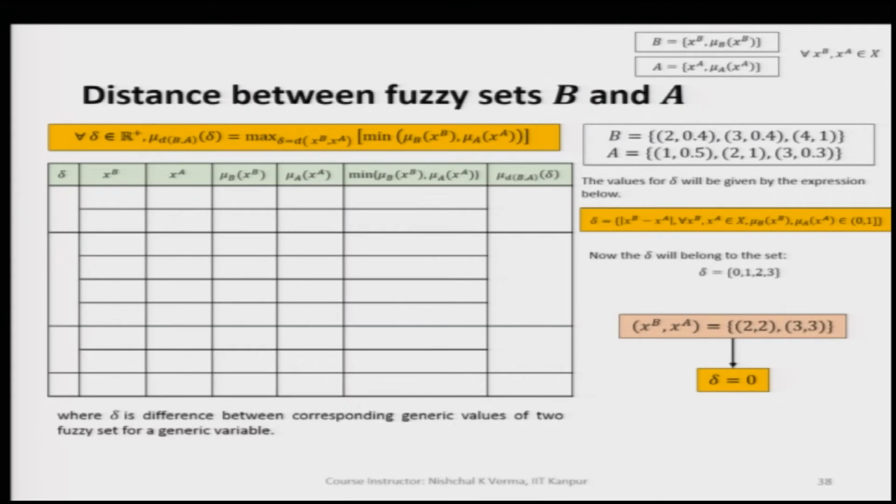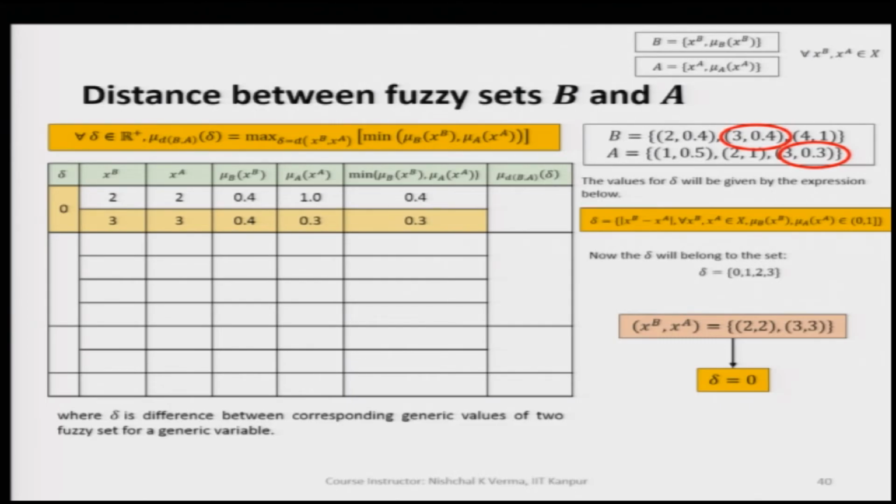For delta equal to 0, again we have 2 pairs. Here we have 2 2 and 3 3, for which we are going to get delta equal to 0. Let us enter this value of delta, which is 0, and for this value we enter the corresponding values of x b and x a.